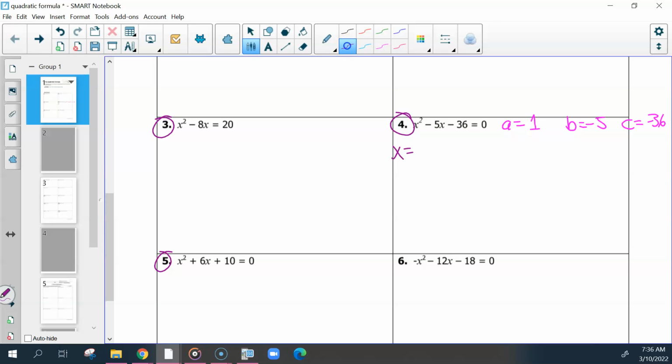So x equals negative, b is already negative, plus or minus the square root of b squared minus 4 times a times c all over 2 times a.